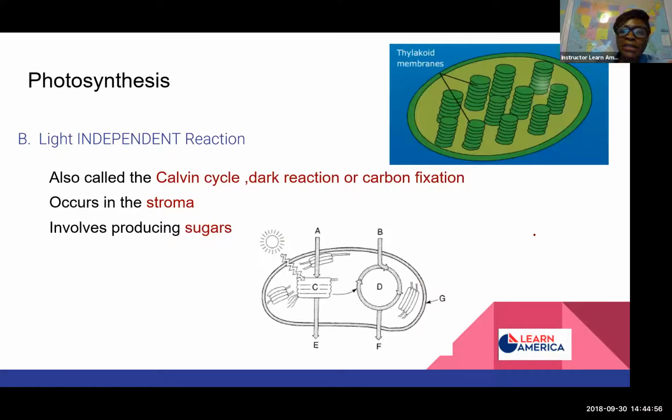So what happened in this section is that we have the gas entering, which is carbon dioxide, will enter into the plant, into the chloroplast. And so in the stroma, we have the carbon dioxide, we have the hydrogen carriers coming from the process that took place in the light dependent reaction. They're going to get processed through a cycle referred to as the Calvin cycle.